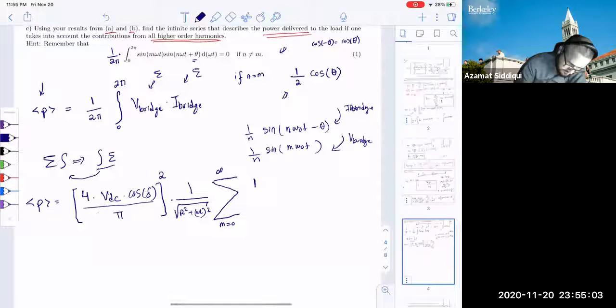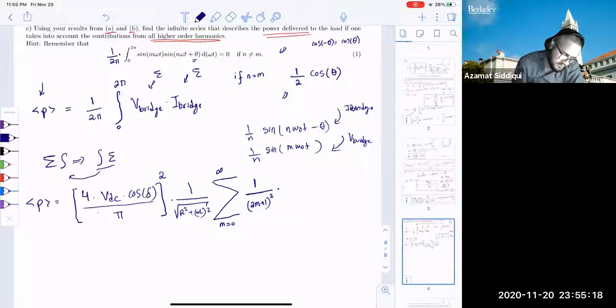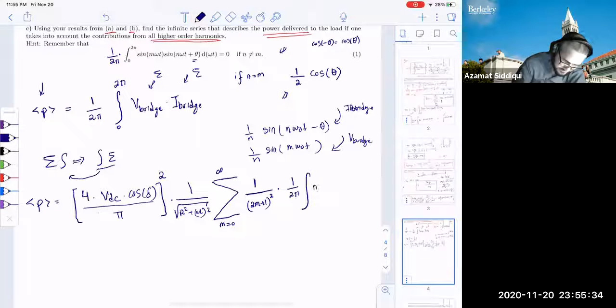I have 1 over n and 1 over n, and that gives me 2m plus 1 squared, because n is always odd, multiplied by 1 over 2 pi times this integral. Looking back up, you have sine of n omega naught t.